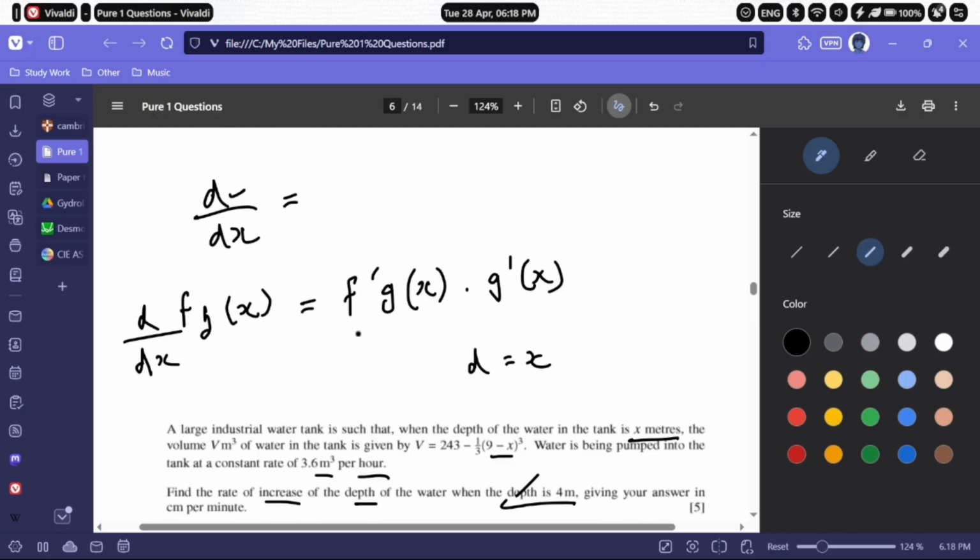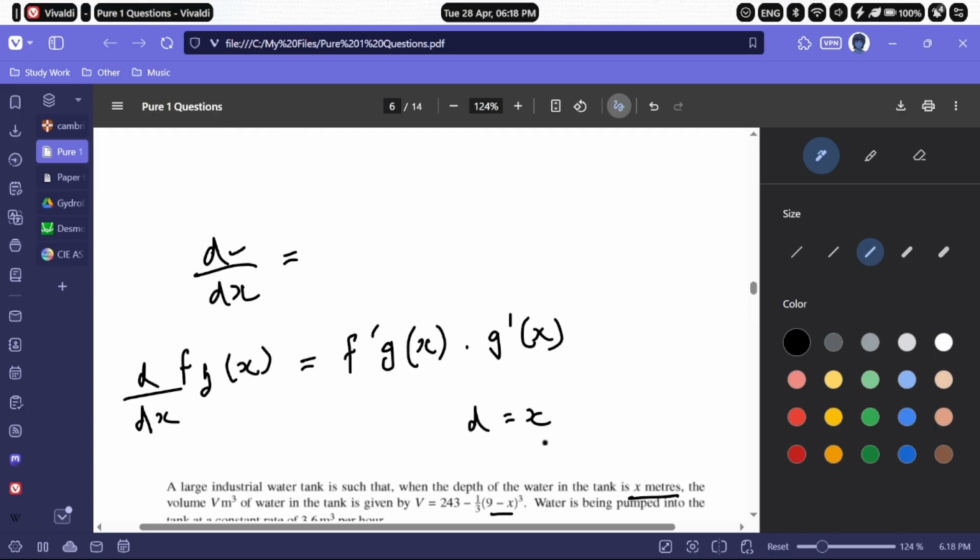So I'm just going through the concepts as well. Anyway, you multiply 3 with 9 minus x to the power of minus 2, and then your inner function's derivative would be minus 1. So you end up getting 9 minus x squared. Okay, this is dv by dx.